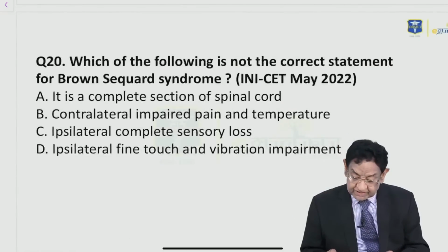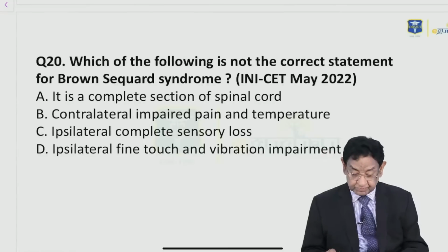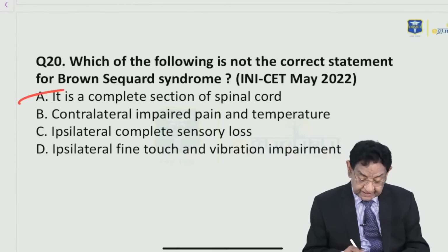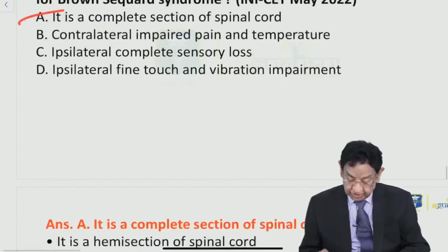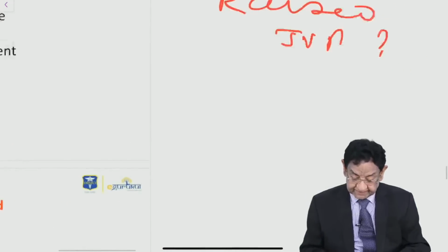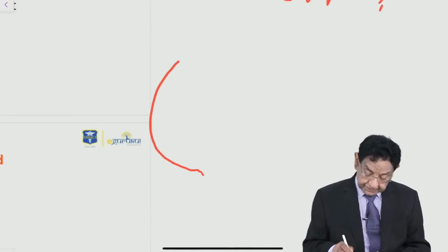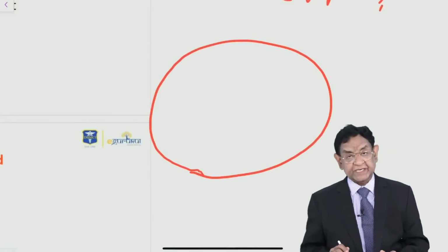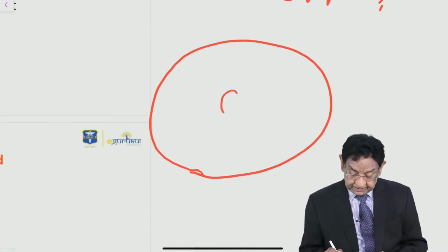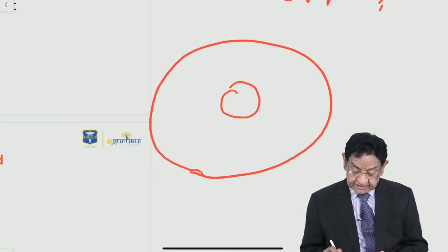Which is not a correct statement about Brown-Sequard syndrome? Well, the right answer is A. This you will not understand unless we know the basic neuroanatomy. Here is the cut section of the spinal cord. This is the central canal.